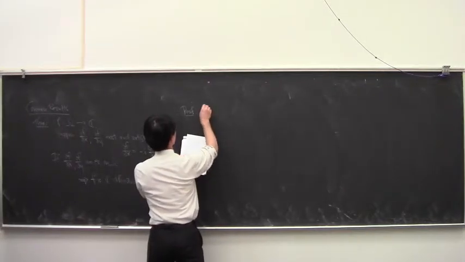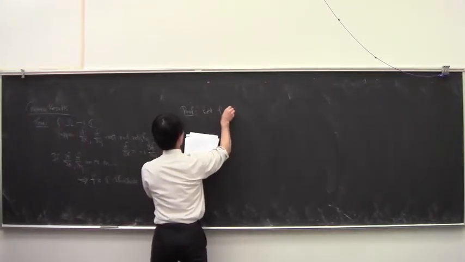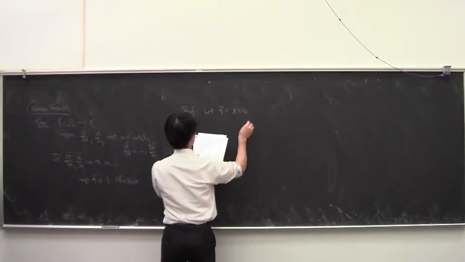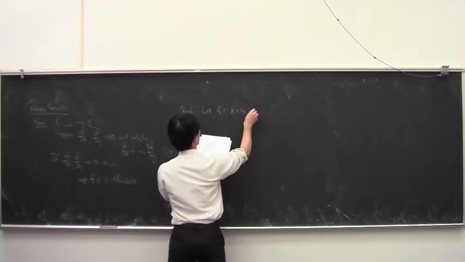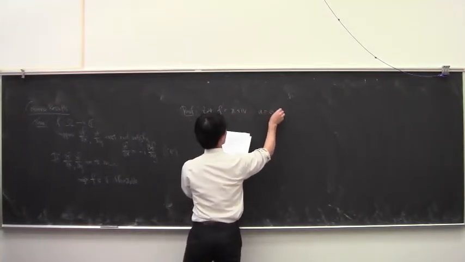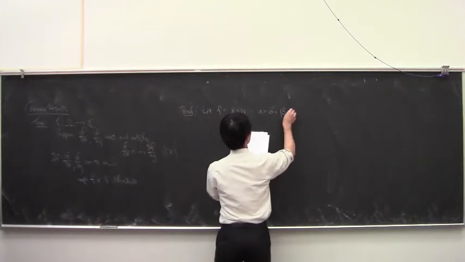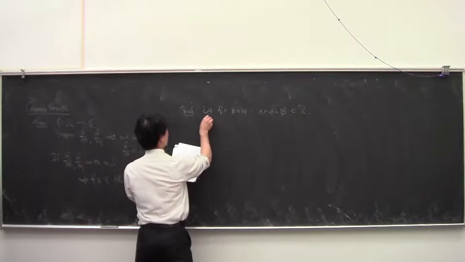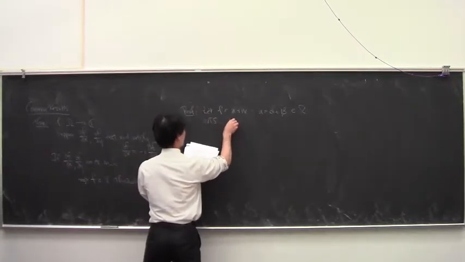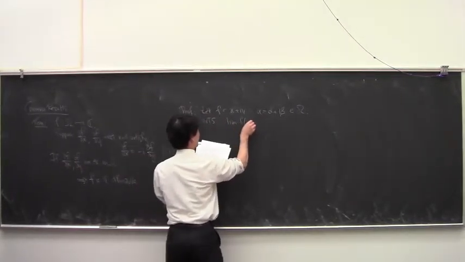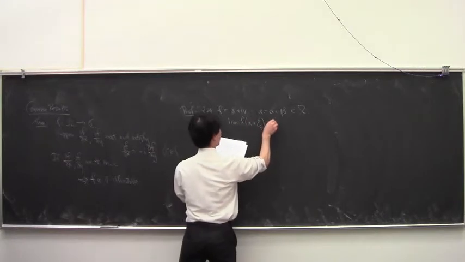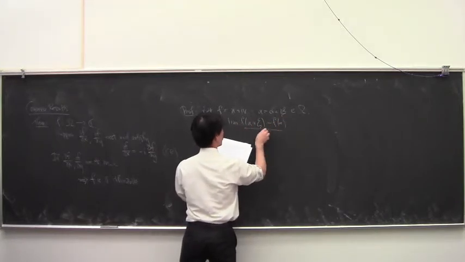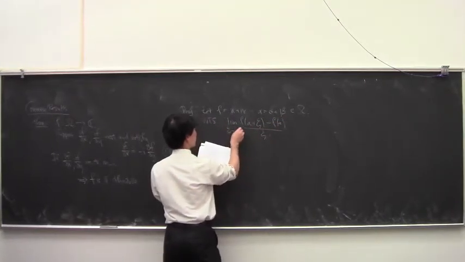Let f be u plus iv. Let a, equal to alpha plus i beta, be some point in omega. And we want to show that the limit of f of a plus zeta minus f of a over zeta exists.